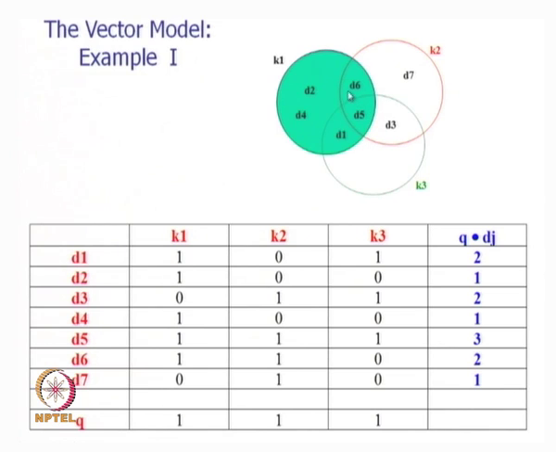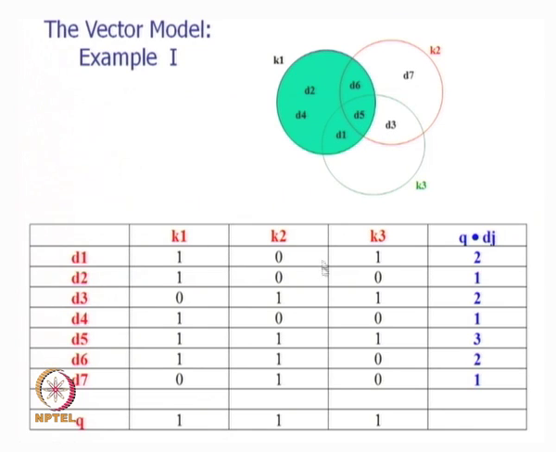So, this means that these documents D1, D2, D4, D5 and D6 contain the keyword K1. Similarly, this red circle shows that the documents D3, D5, D6 and D7 contain the keyword K2, and this light blue circle shows that the keyword K3 is contained in D3, D1 and D5.